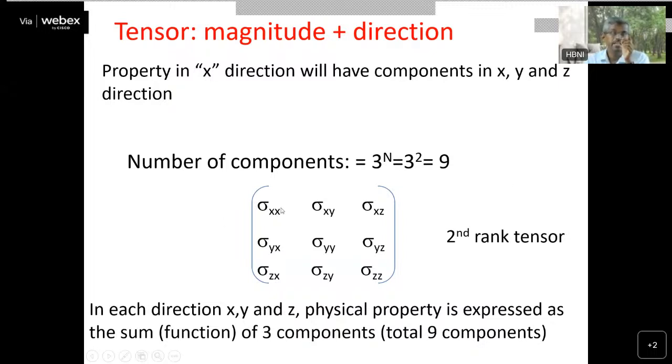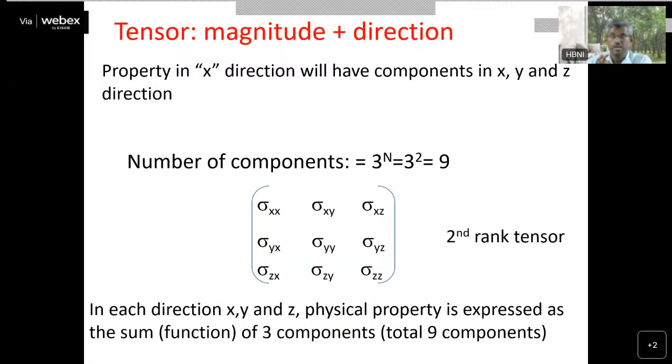For a third rank tensor, the number of components increases from 9 to 27, because 3 raised to 3 is 3 times 3 times 3, which is 27. So the matrix will be bigger. Instead of sigma xx, we would have sigma xxx, sigma xxy, then sigma xxz, and it would continue like that. Fortunately, all the NMR interactions can be represented by a second rank tensor.